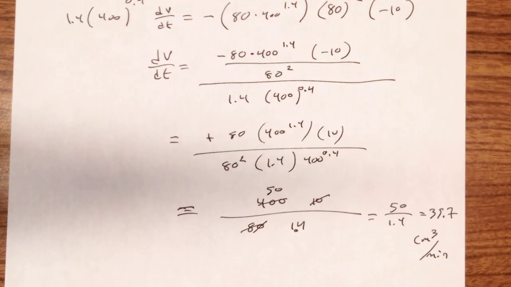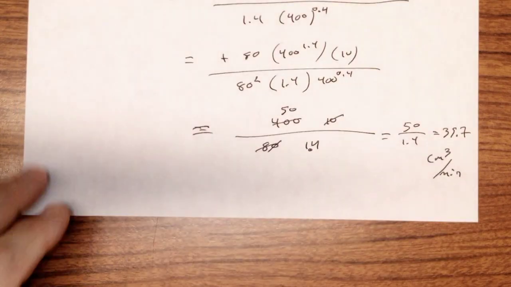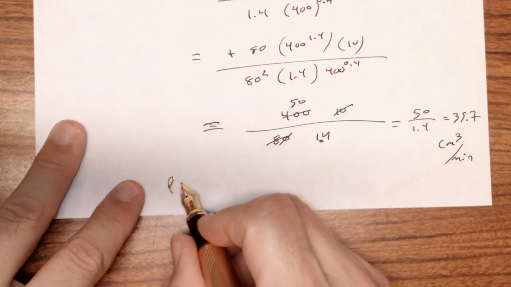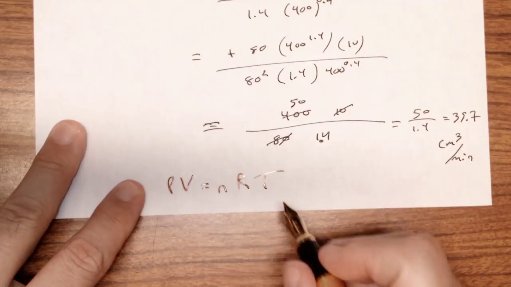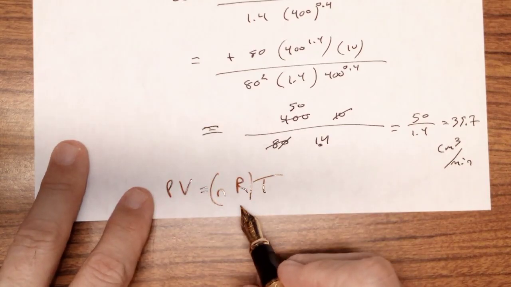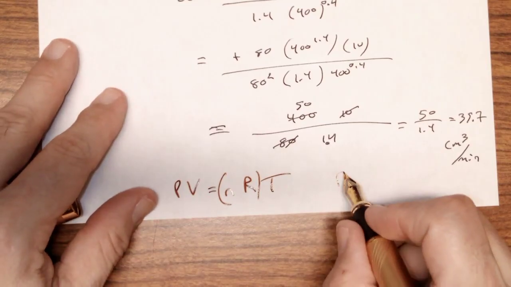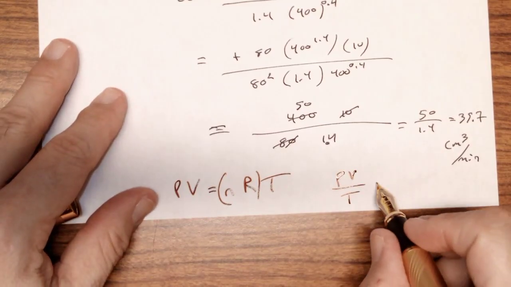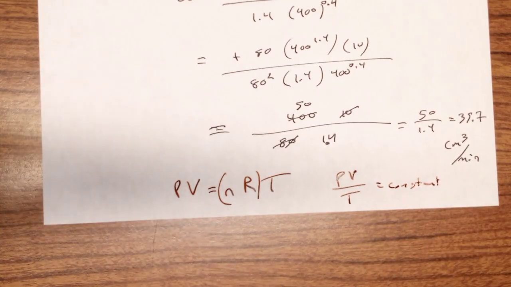But the ideal gas laws work together and tell me that pressure times volume is equal to number of moles times some gas, ideal gas constant times the temperature. So PV over T is constant, based on the number of moles of gas you are working with.